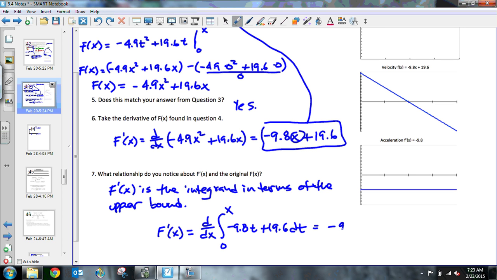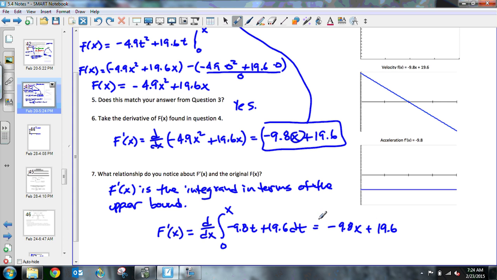I end up getting negative 9.8 x plus 19.6.